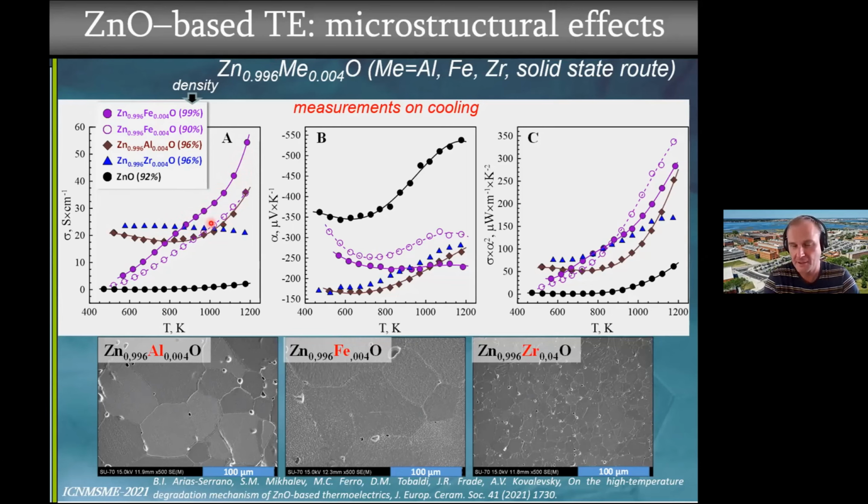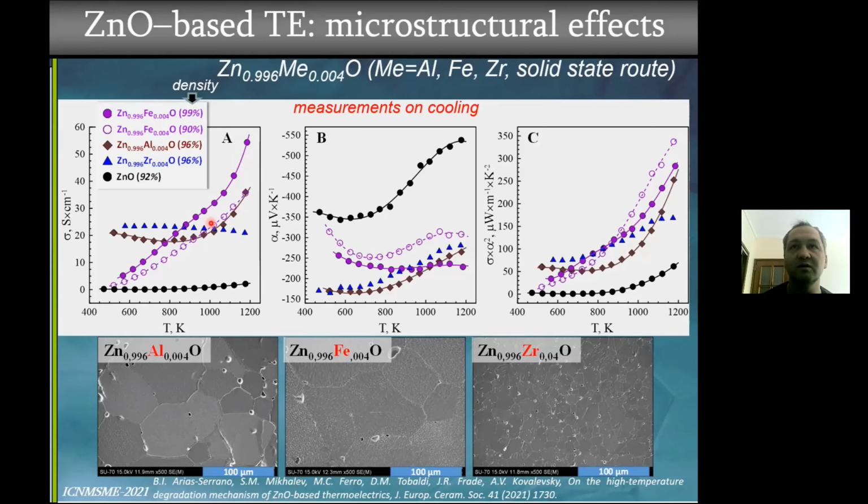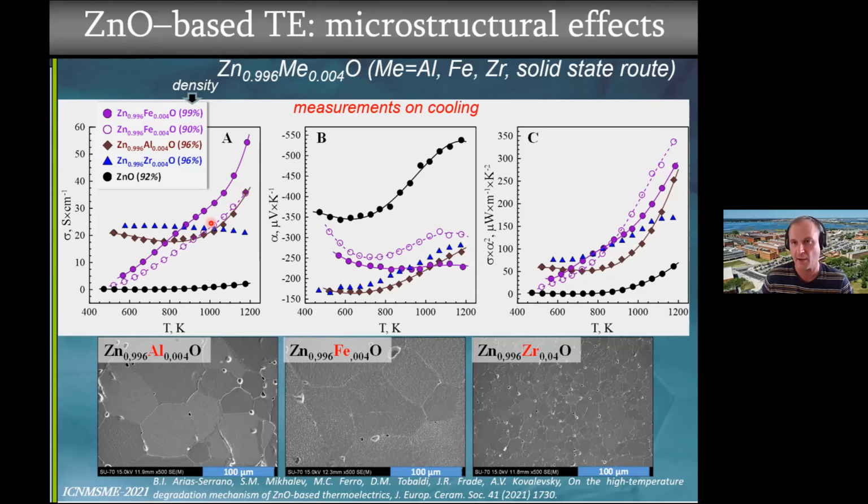Okay. So I think there are many effects behind. No, I was trying to compare with strontium titanate. With strontium titanate, you don't have direct segregation of impurities. But what I think takes place is some reoxidation inside the pores.